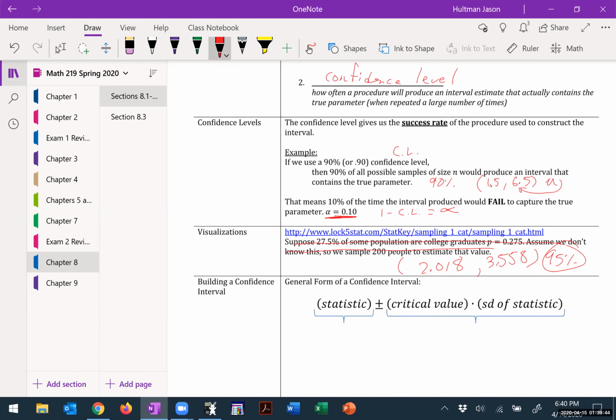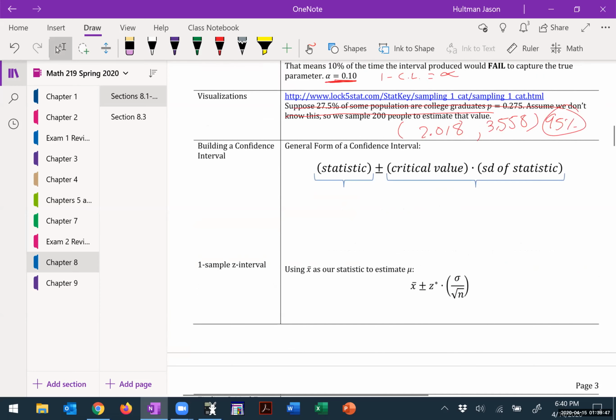Okay, so let's build a confidence interval. The general form of a confidence interval is the statistic, or what we call the point estimate, the critical value, and the standard deviation of the statistic. We usually call that the standard error.